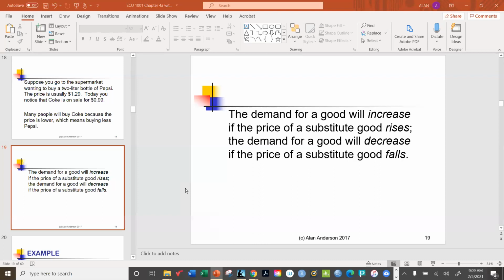And I'm sure this has happened to you too. You go in there with your intention of buying one thing, and then you notice the prices are different and you end up buying something else. This is the reason, by the way, why the Coke went on sale. They're trying to take business away from Pepsi. Now, next week, it might be the other way around. The Coke is back to the normal price and the Pepsi's on sale. It happens all the time, especially in supermarkets.